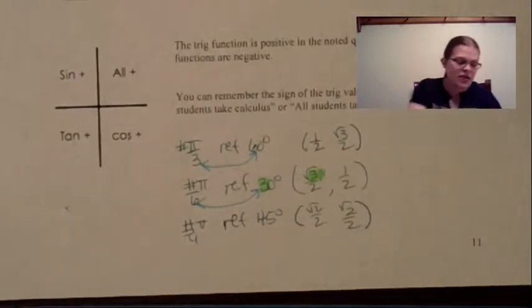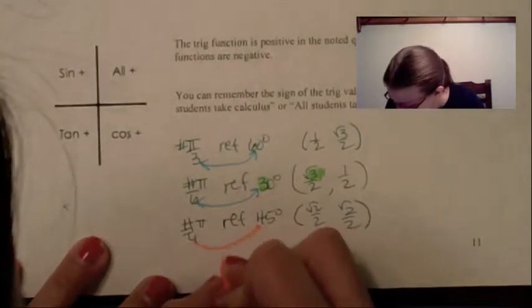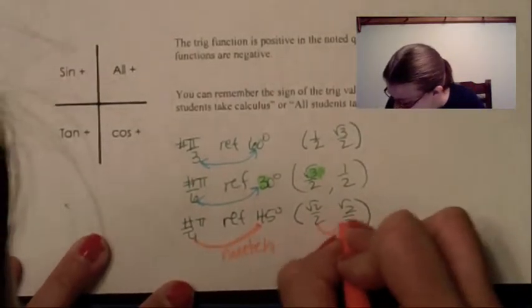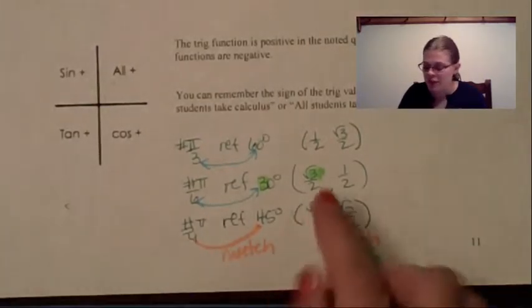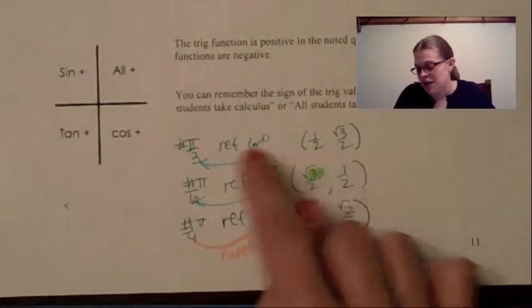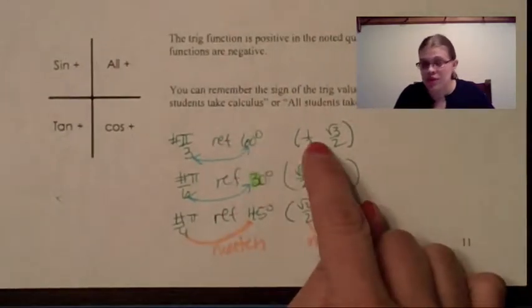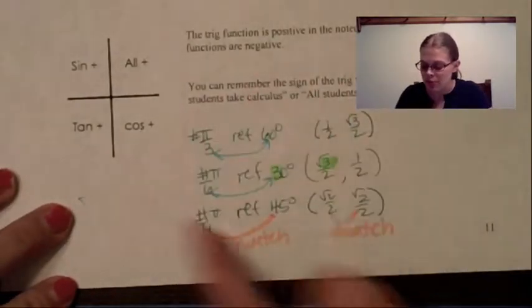Okay? And then on these ones, for the 45, these match and these match. So then the way that I remember the 60 degree reference angle is the fact that it's 60, so it doesn't start with root 3, so then it has to start with 1. That's kind of how I like to go about remembering this.